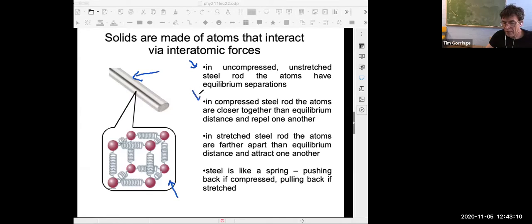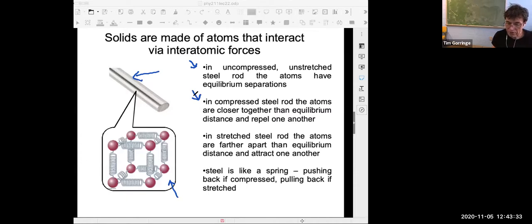Supposing I compress the steel rod. So if I compress that steel rod, then I'm going to be not only just compressing the steel rod, but microscopically, I'm squeezing together, compressing together the atoms, molecules that make up the steel rod.